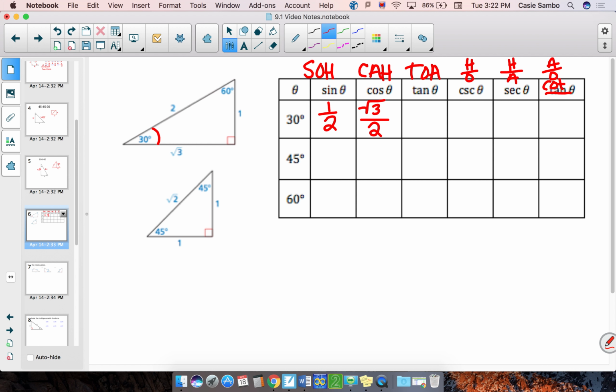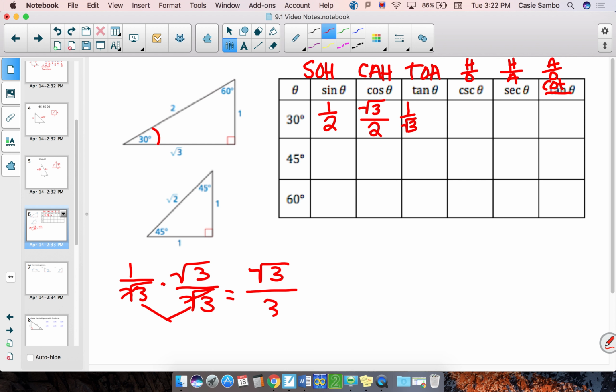Tangent, we're going to have our opposite over our adjacent, but as we talked about in chapter 5, we can't leave radicals in the denominator, so we have to remember to rationalize that. So we're going to multiply it by the square root of 3 over the square root of 3, which would give us 1 times the square root of 3, or just the square root of 3 over, and remember that when we're multiplying square roots together, our radicals end up working together and we just can pull out that 3.